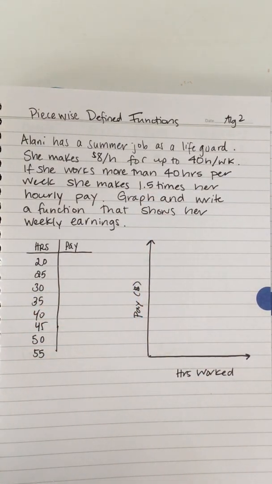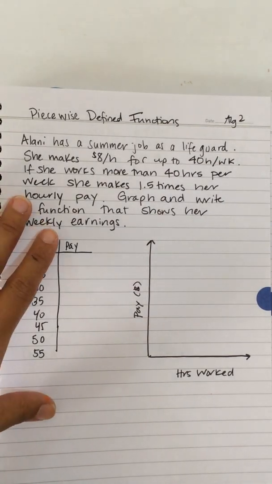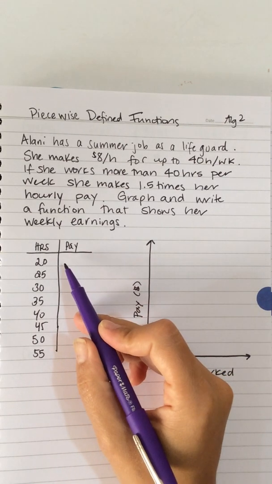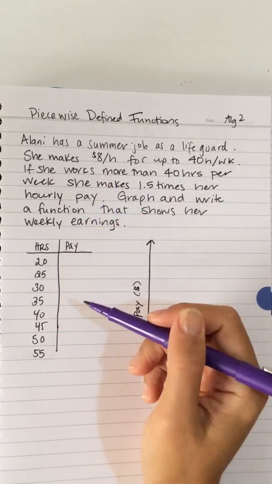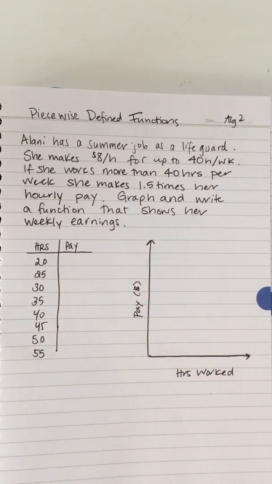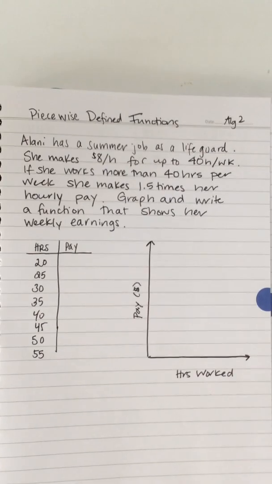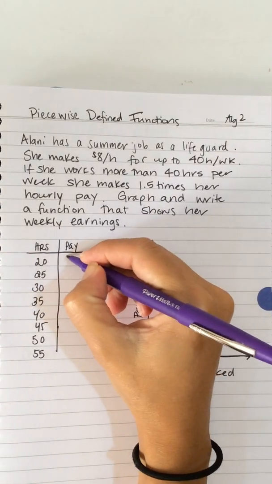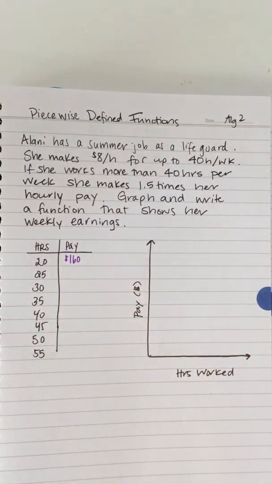If we don't have Desmos, what we would do is start with making a table so we can get some points. So let's do that. If she works 20 hours, she's getting $8 an hour because it's less than 40. So 20 times 8 is $160 for that week.